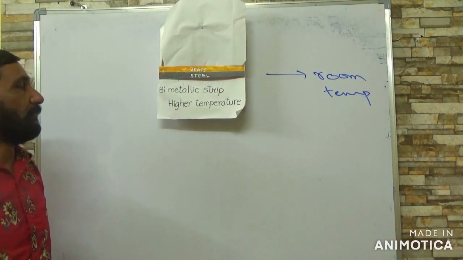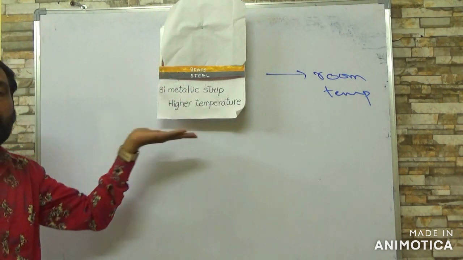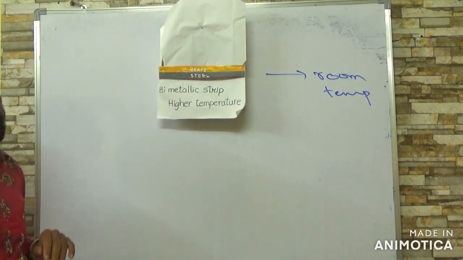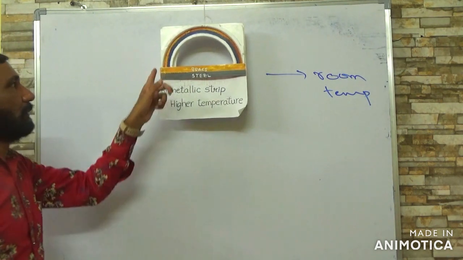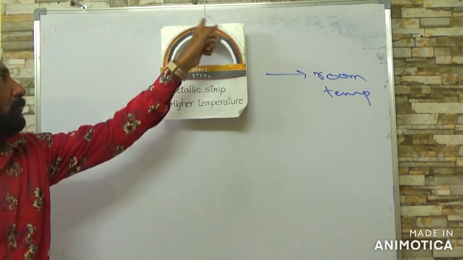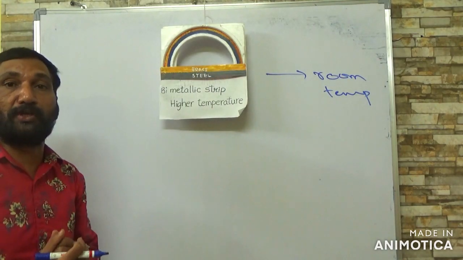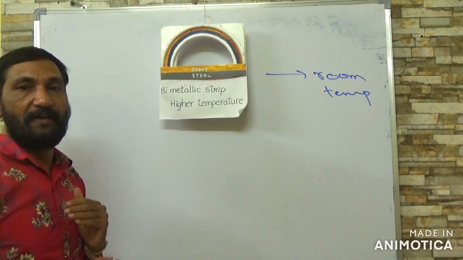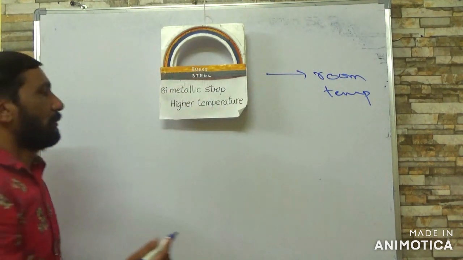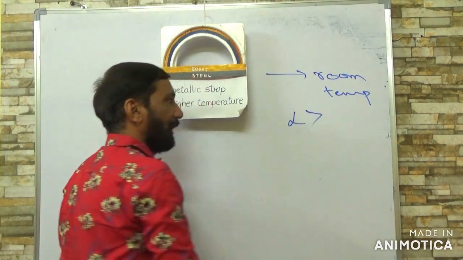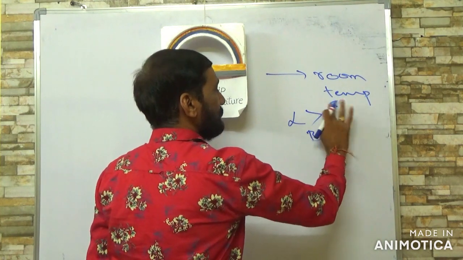But whenever it is heated, say when the temperature of this metal strip is increased, it will bend in the form of a convex, such that the one which has more expansion coefficient comes outside and the one with less expansion coefficient stays inside. In this case, brass has a higher expansion coefficient than steel.